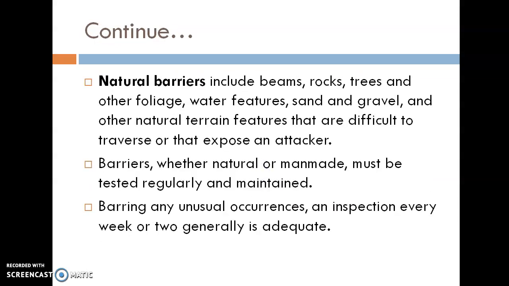Basically, there are two types of barrier. First is the natural barrier. Natural barriers include berms, rocks, trees and other foliage, water features, sand and gravel, and other natural terrain features that are difficult to traverse or that expose an attacker.